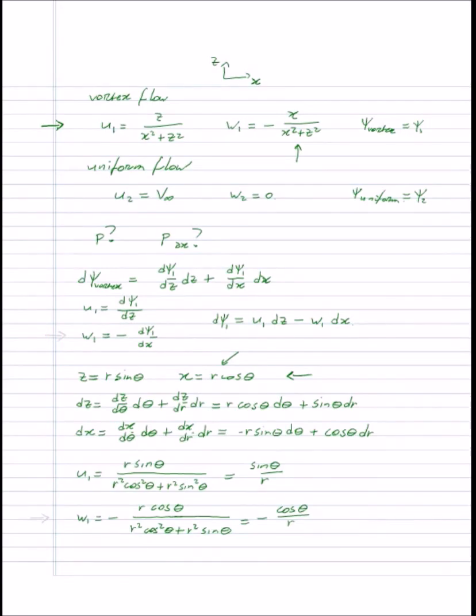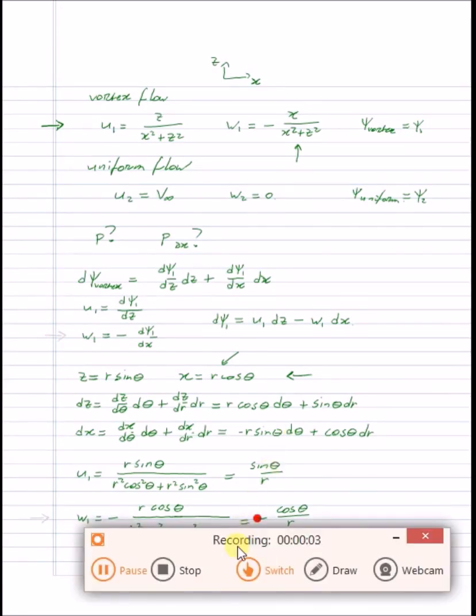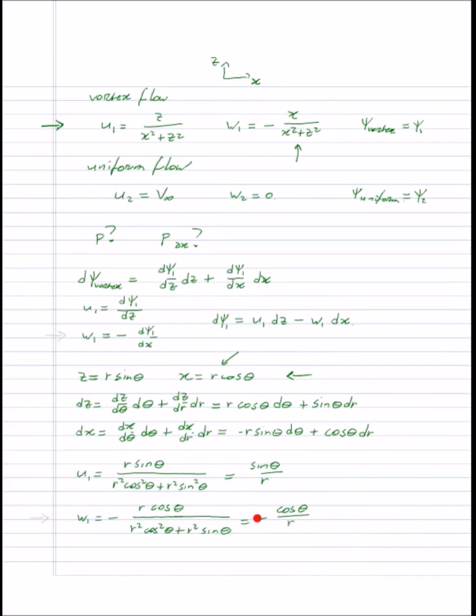And we multiply that times minus r sine theta d theta plus cosine theta dr.